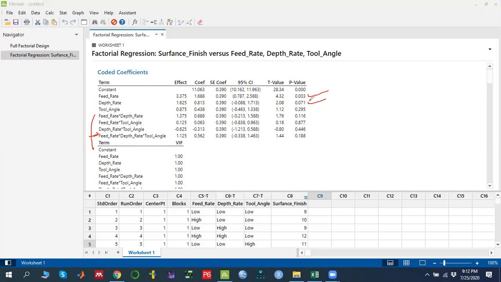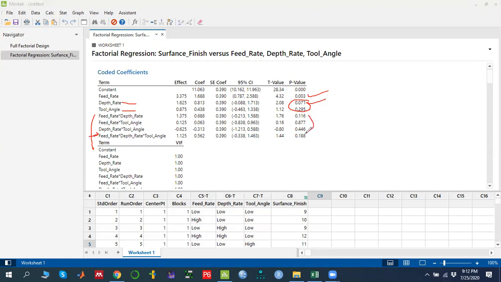But right now, because the p-value is greater than the pre-decided alpha value of 0.05, we will accept H0, that means depth rate as well as tool angle are not significant factors, and they are not significantly affecting the surface finish.